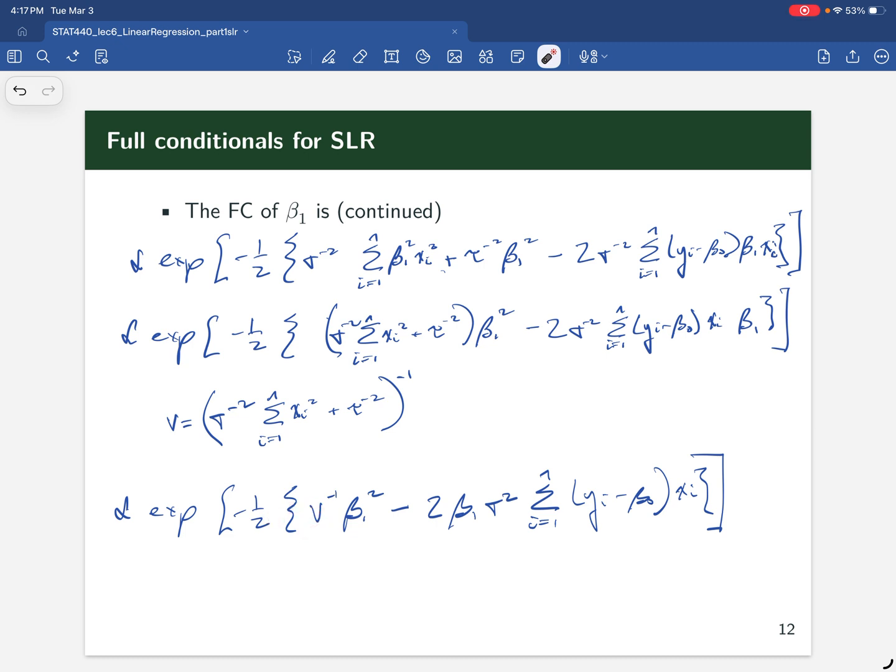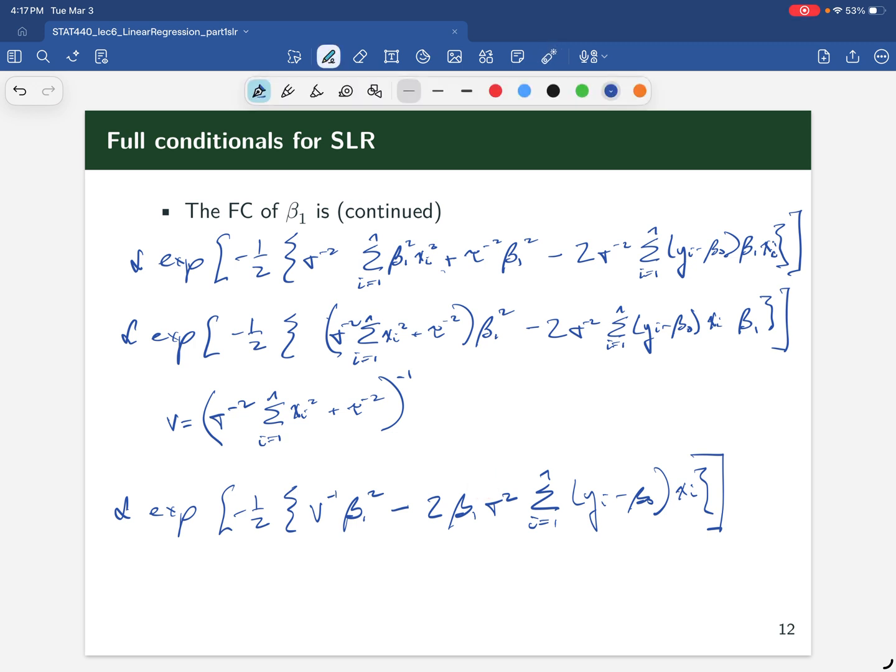Now, if I pull a v to the negative 1 out of here and move it outside this curly bracket, I also got to pull one out of here. And it's not there. So instead what I'm going to do is insert a v so that I can pull a v to the negative 1 out.